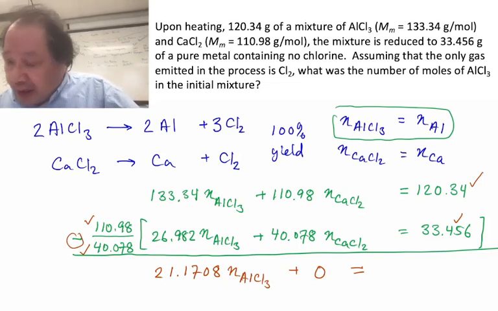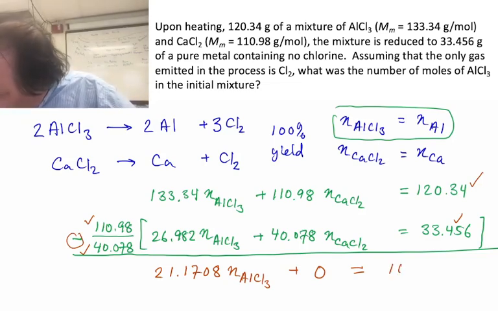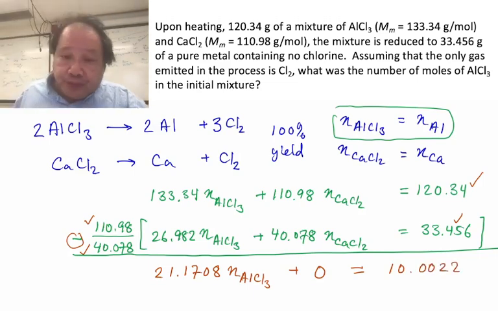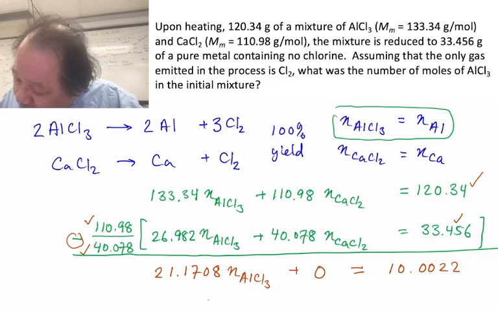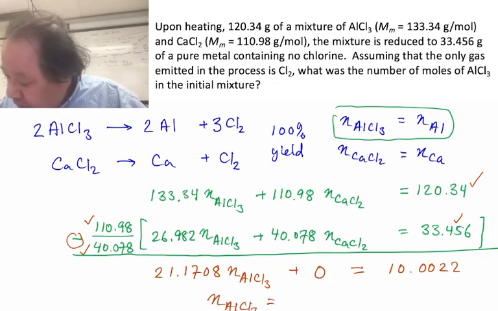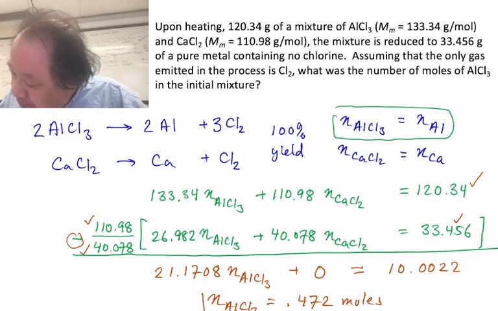And if I do that, I get 10.0022. So we can now solve for the number of moles of AlCl3, and we get 0.472 moles. That's the answer to our problem.